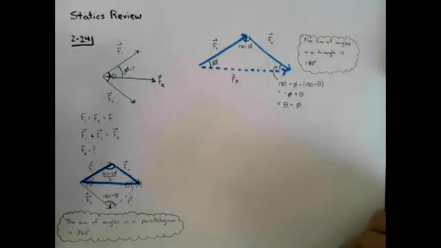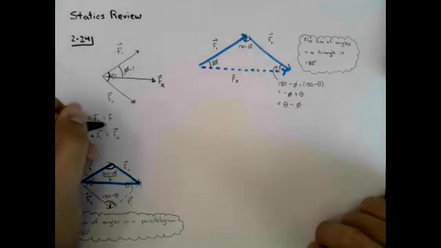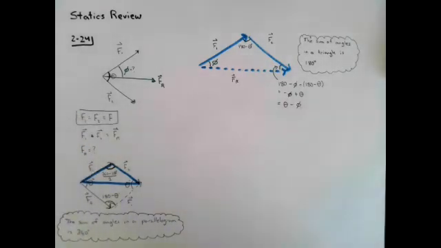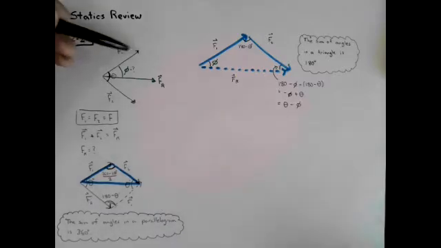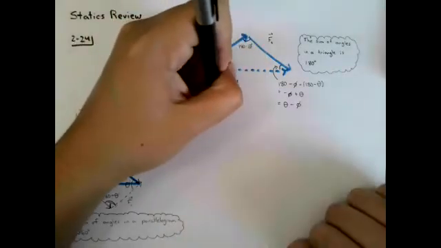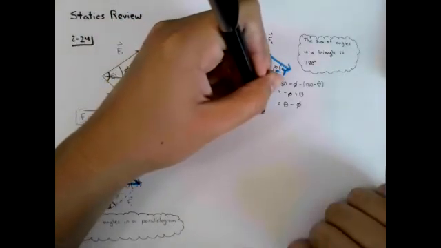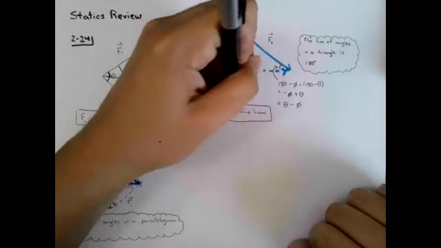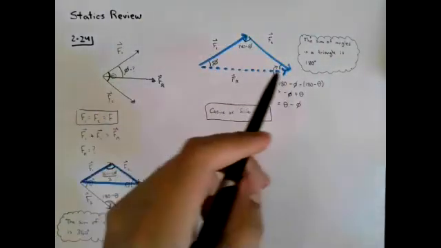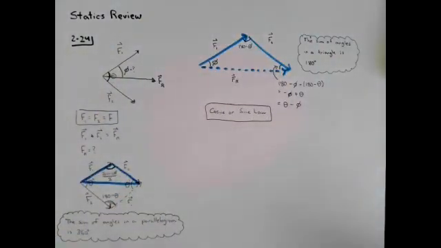Now what I'm going to do is first try to find the relationship between theta and phi. Because we're told that the magnitude of the forces is equal to each other. In other words, F1 has the same length as F2. So what I can do now is, like I said, apply the cosine or the sine law in order to find out different relationships between force magnitudes and between the angles.